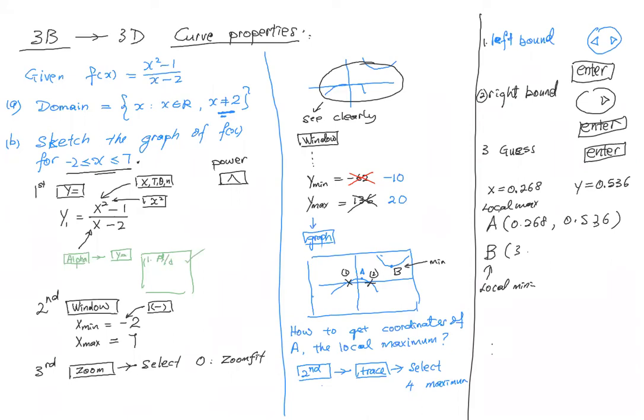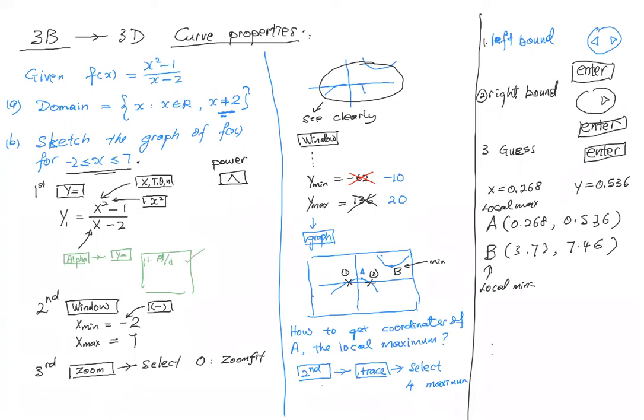If there is anything not right, please tell me. 7.46. Okay, got it? So these are the points that you have to get first, record down.